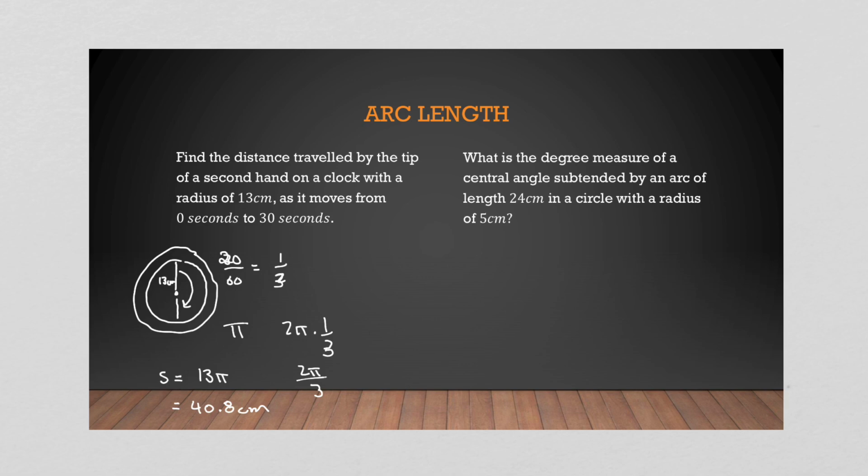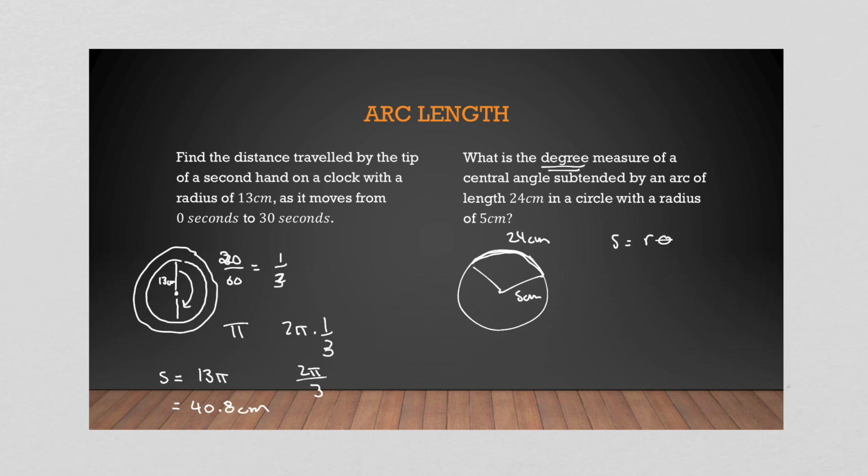So then the last one: this time we're going to work backwards. What degree is the central angle if the arc is 24 centimeters? So now we have an arc of 24 centimeters and a radius of 5 centimeters. Well, this is just algebra working backwards. But be careful because this says what degree measure. So we have arc length is equal to radius times theta.